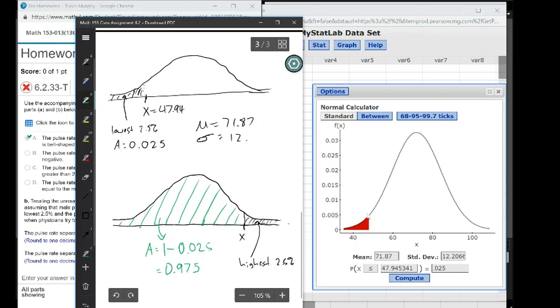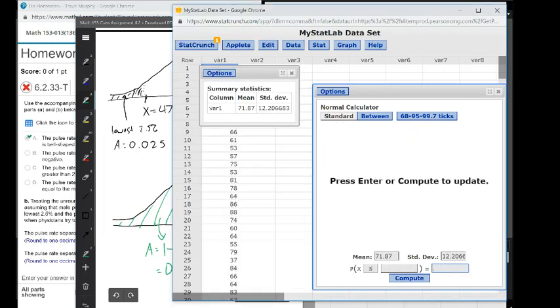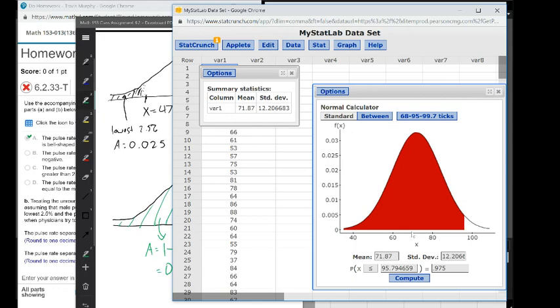So since our calculator is based on areas to the left of the score, we can plug in that number, 0.975, using the same mean and standard deviation, and we'll get the x bound for that cutoff.